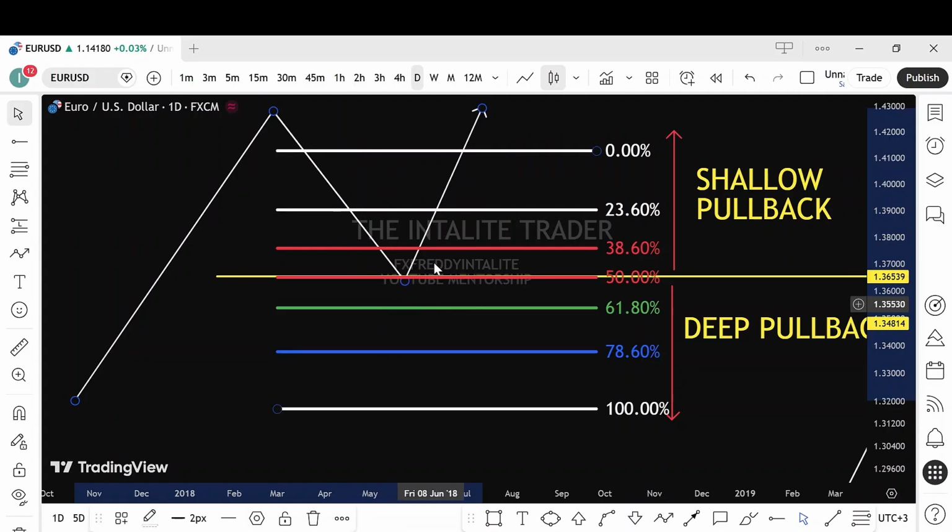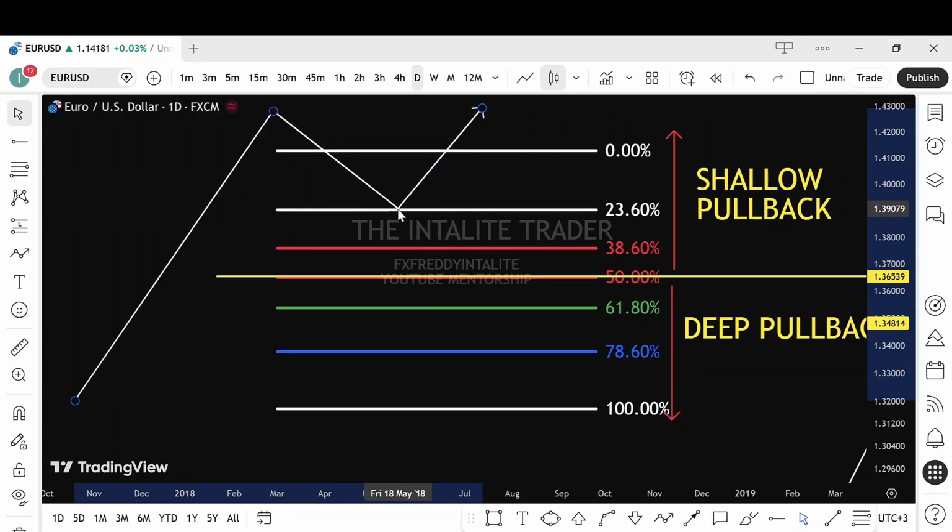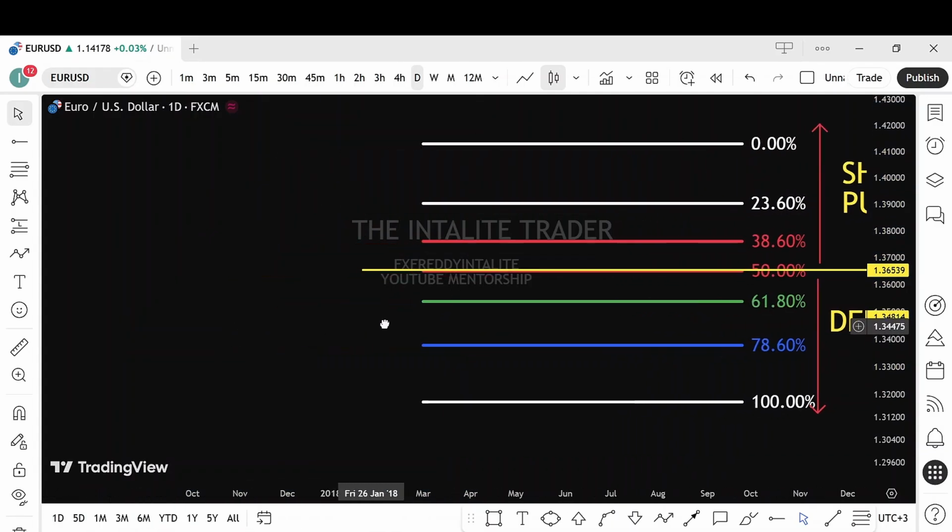It forms this pullback. So if price pulls to 23 or 38.6, that one is called a shallow pullback. And if price comes to 50 or 61 or 78, those ones we call deep pullbacks. Are you together? Yes, it's clear.